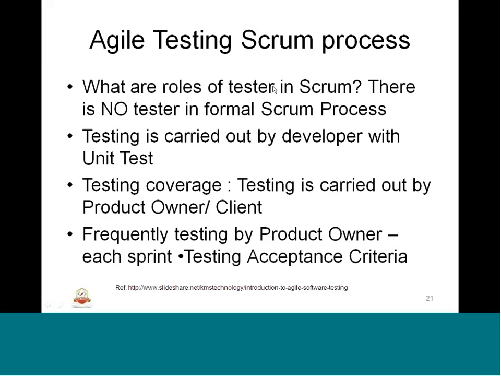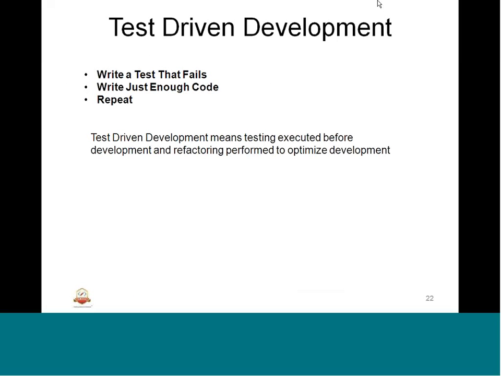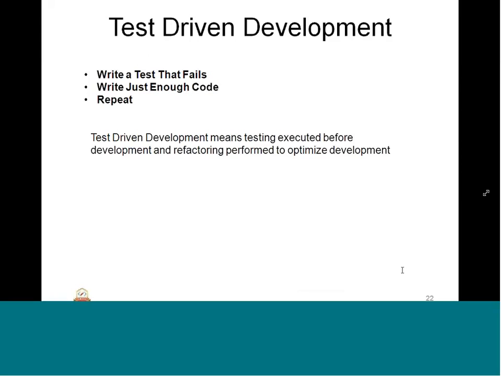The next type of testing is called test driven development. So basically what we do here is we execute tests before we actually do the development on the developed part, and we optimize the development as we progress.